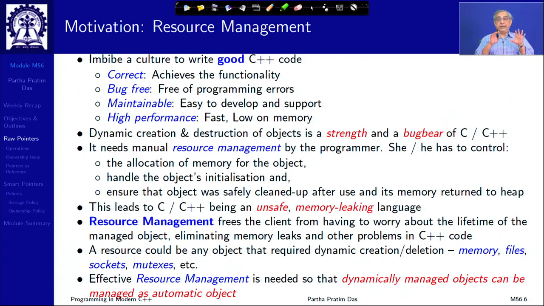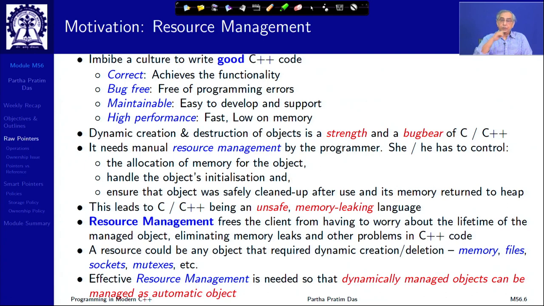Because other than the dynamic resource management, everything is automatic. The compiler does it. Either it is explicitly automatic or it is in the static area, which has automatic-like behavior. You do not need to make a decision about when to allocate memory, create an object and initialize, and when it is safe to clean up that object and return that memory to the free store.